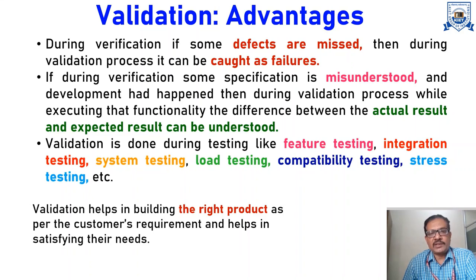This is the main focus of verification. If it is done properly, then ultimately the validation activity is going to be smoother. Validation is done during testing like feature testing, integration testing, system testing, load testing, compatibility testing, stress testing, etc. Validation helps in building the right product as per the customer's requirement and helps in satisfying their needs.